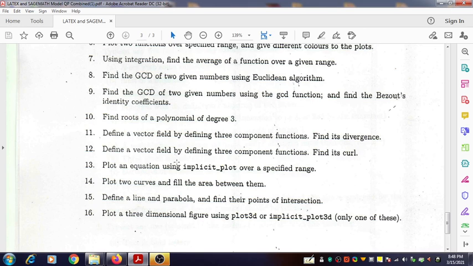So we have a double choice: half of the questions can be selected, and out of these, only 2 will be asked to be attempted by the student. So this is the outline of the question paper. Okay, thank you.